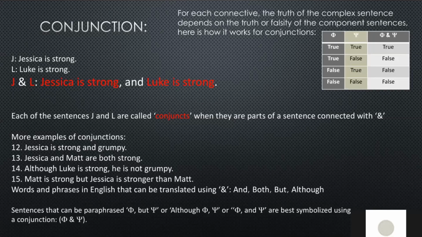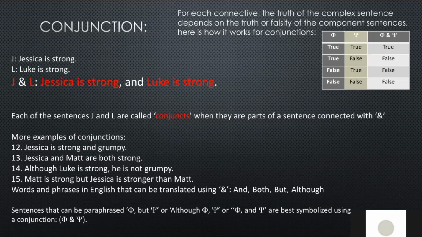Another example: if one of our sentences is false, then the conjunction will be false. So if Jessica is not grumpy, then the sentence Jessica is strong and grumpy is going to be false. Likewise, if Jessica is grumpy but not strong, then the sentence Jessica is strong and grumpy will also be false.